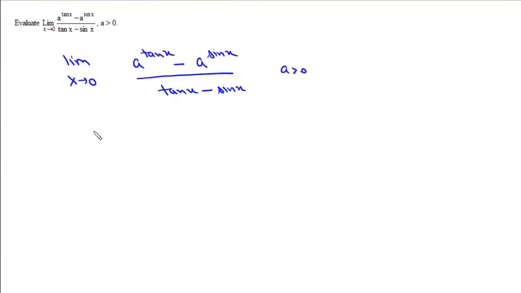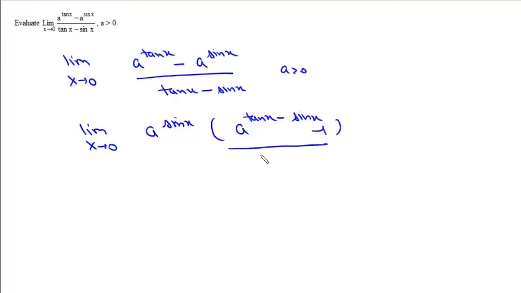Now we'll take a to the power sin x common, so we can write limit x tends to 0, and it will be this a to the power sin x, and here we get a to the power tan x minus sin x minus 1 upon tan x minus sin x. Now a to the power 0, it is 1, and then this is tan x minus sin x, which is 0. So this is a to the power 0 minus 1 upon 0, which is standard limit ln a. So answer to this question is simply ln a.